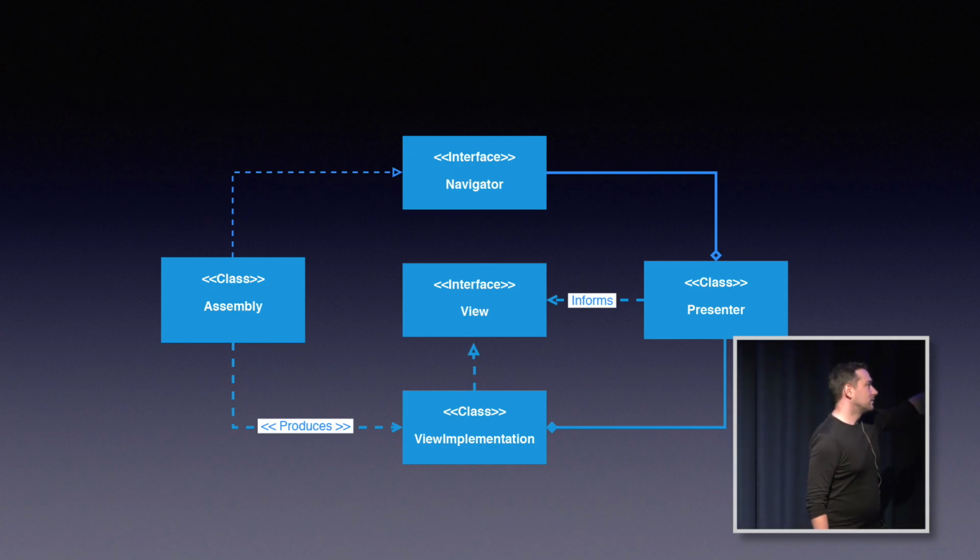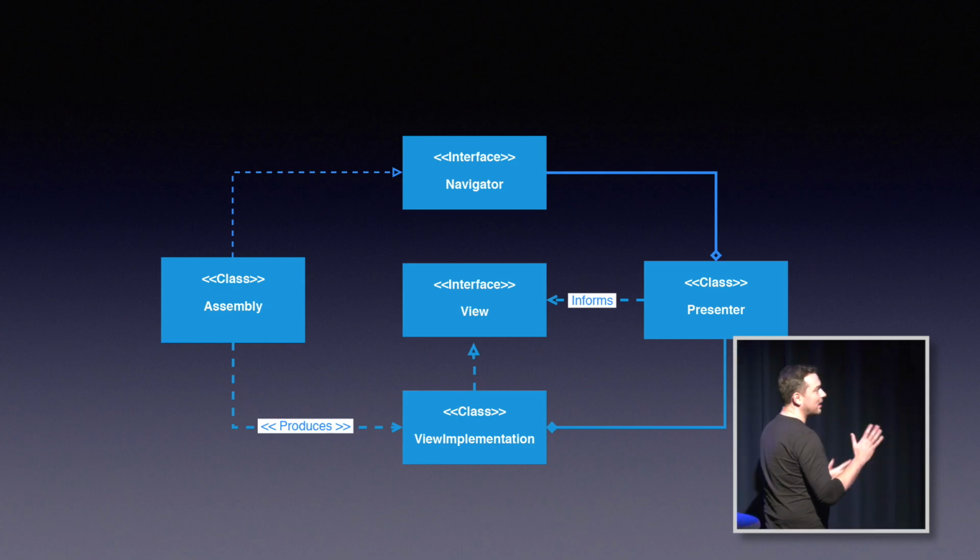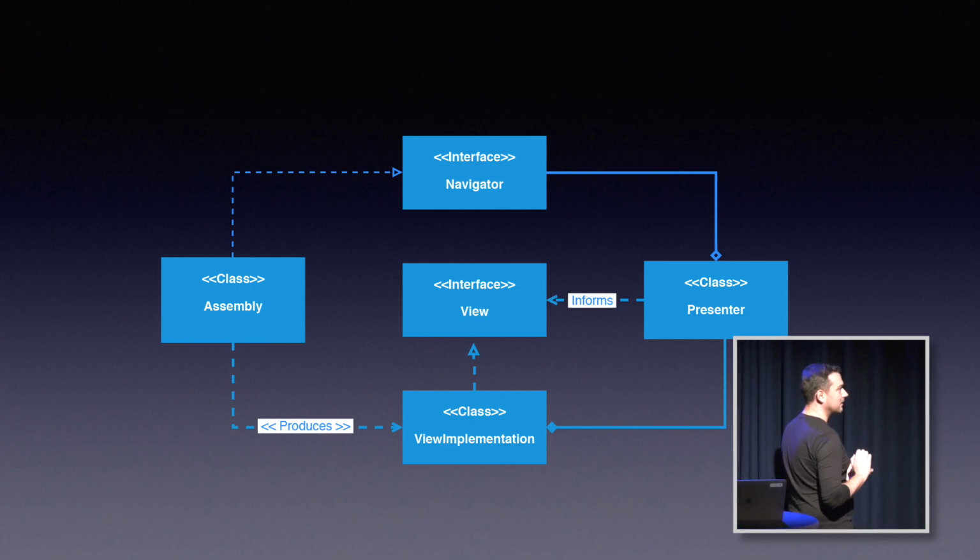You might notice the flow is quite unidirectional. The presenter talks to the view, the view talks to the presenter. There's no two-way binding or things like that. This allows us to write really efficient and easy tests.